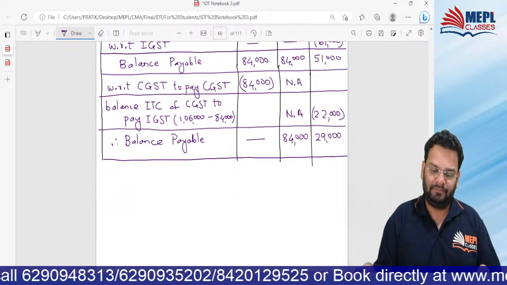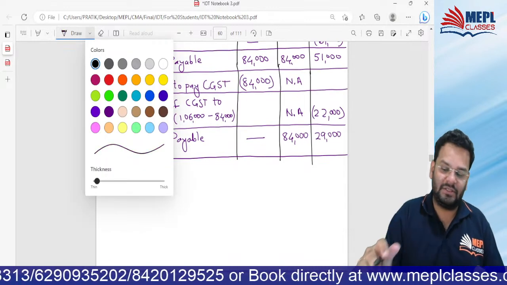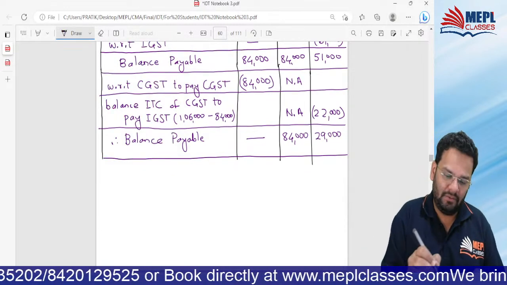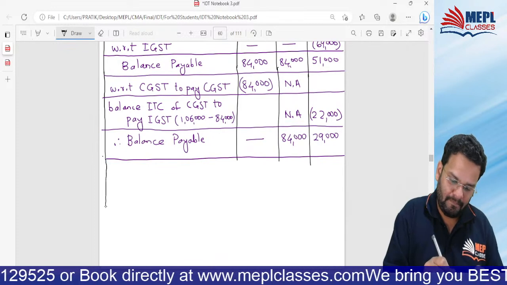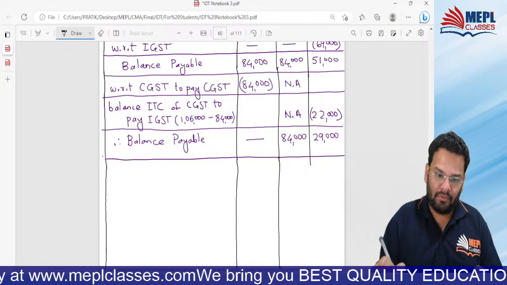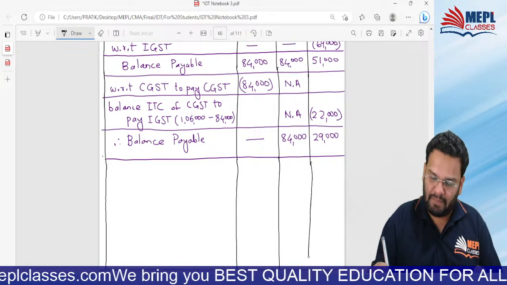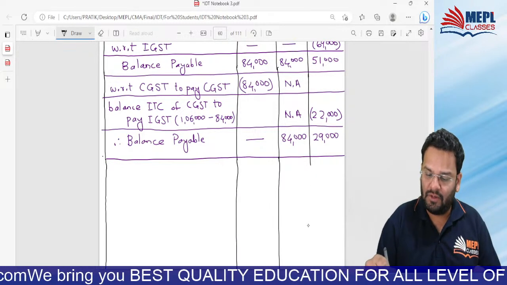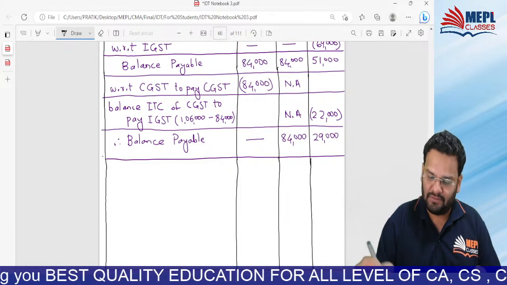Check whether still you have got 29,000 payable. Yes. Now you still have balance of ITC of SGST.